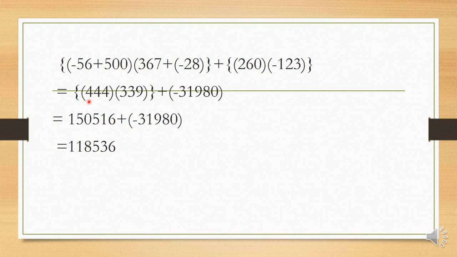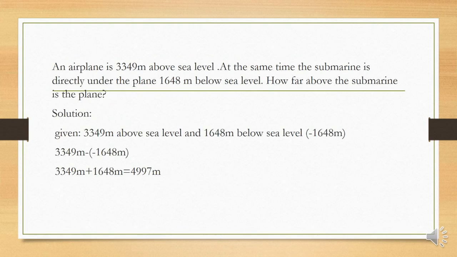Then 444 times 339 equals 150,516, plus negative 31,980. Then we subtract since they have different signs. 150,516 plus negative 31,980 equals 118,536.